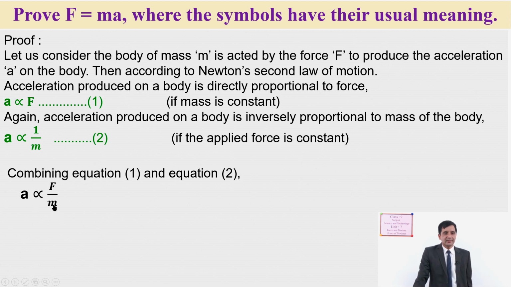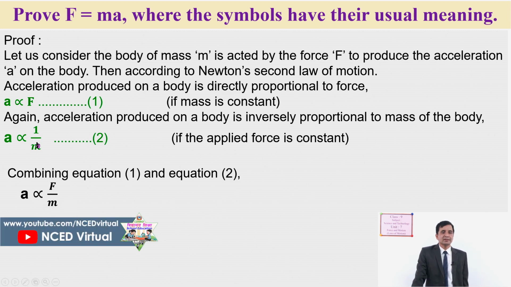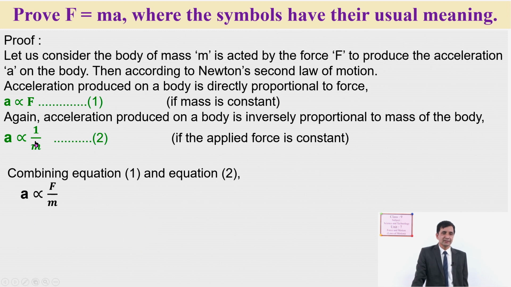When we get the expression after combining these equations, there is no need to mention these two equations separately. All the information carried by these two equations can be expressed in the form of a single equation.